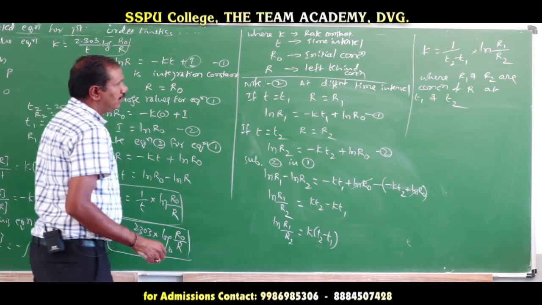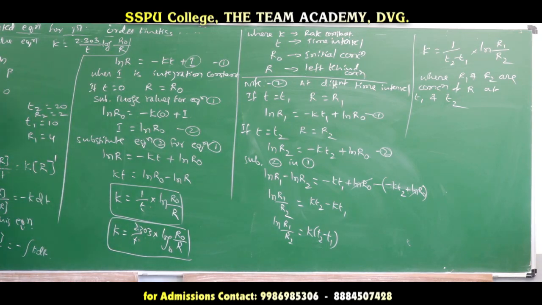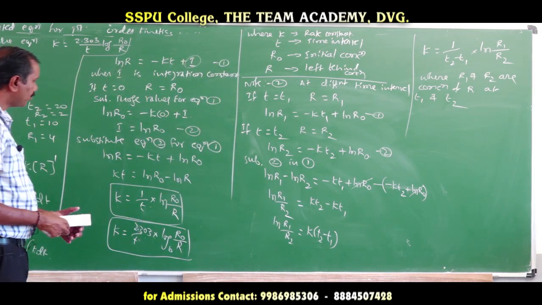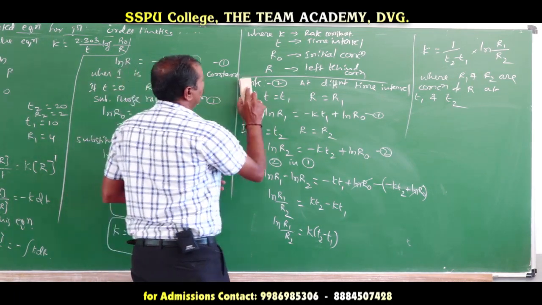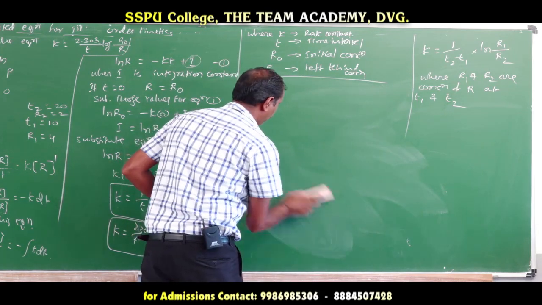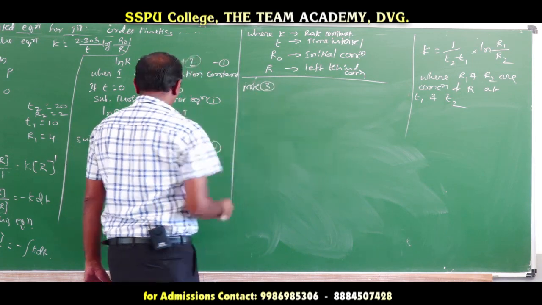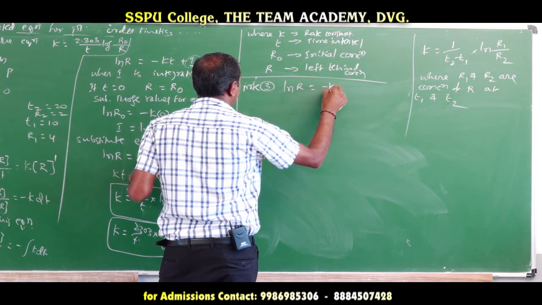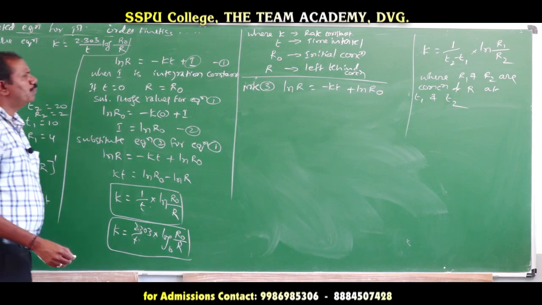So this is another form, used when there are different time intervals. Now, note 3: this equation we may also convert. If ln R equals minus Kt plus ln R naught, we may also modify it.